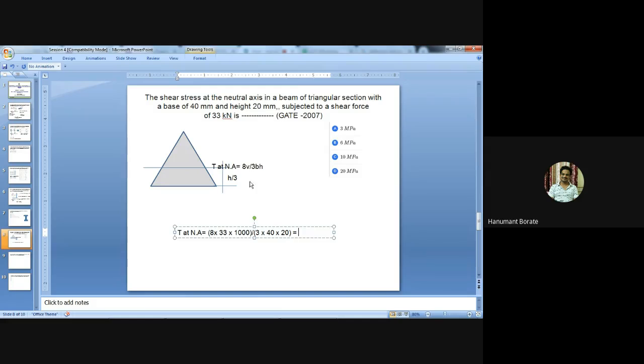Sorry, the formula is 8 by 3, right? 8 by 3 V by BH. Yes. So what is the answer?